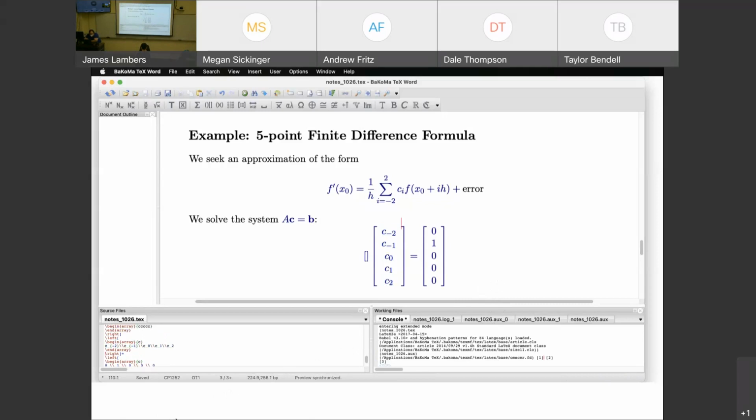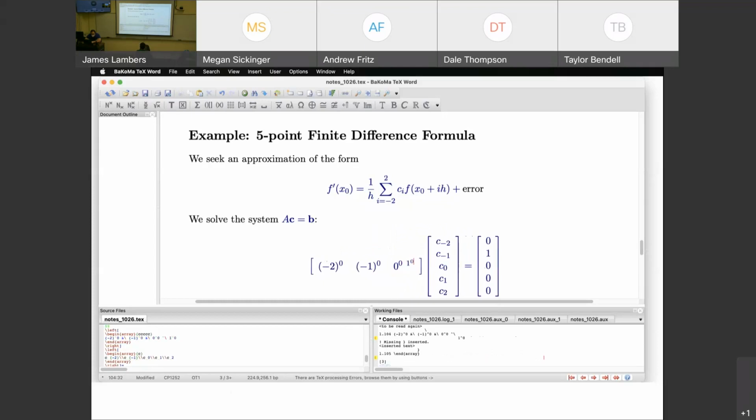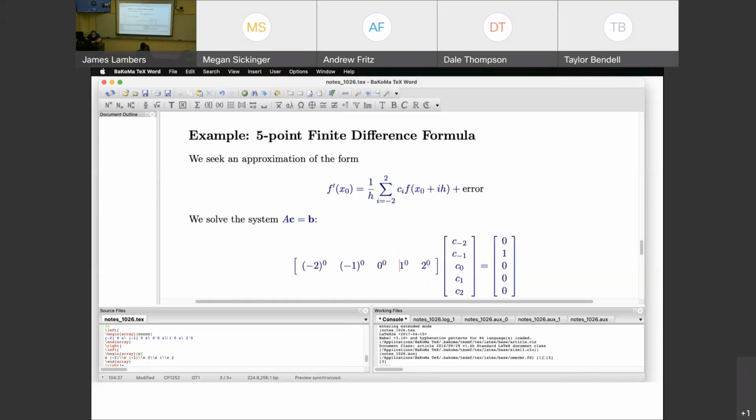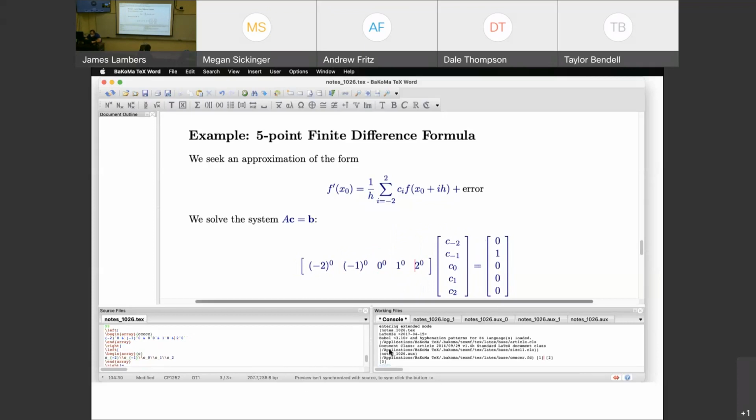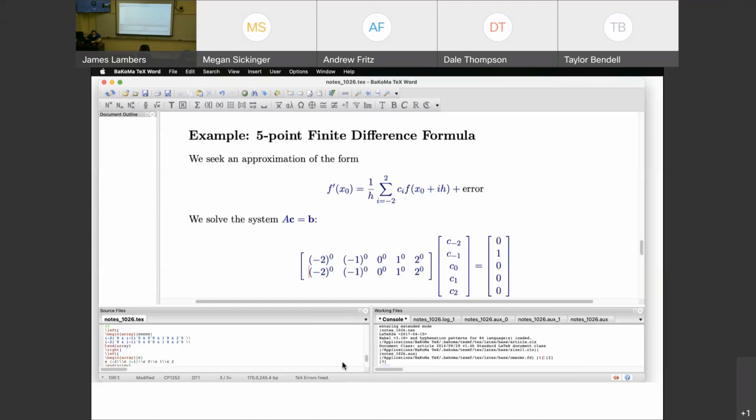Okay. Now, for my matrix, whatever indices I have here, minus 2 to 2, the first row is those raised to the 0 power, and then for subsequent rows, raised to the same indices, raised to higher powers.